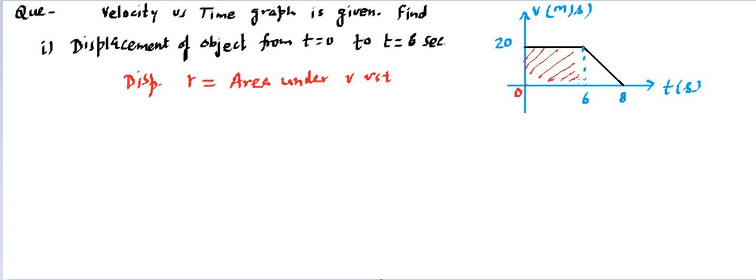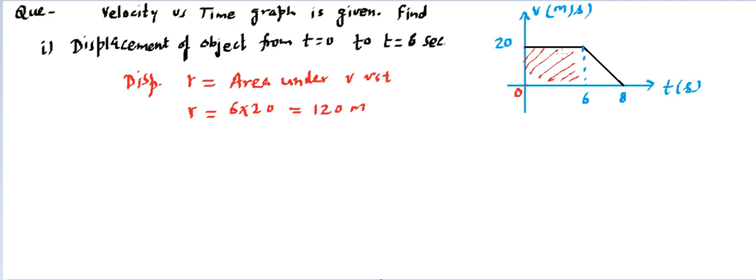Now you see this area is a nice rectangular geometry, which we can easily calculate. The area of this rectangle is going to be base, which is 6, times height, which is 20. So it's 6 into 20, that's done. It becomes 120 meter. So the object will cover 120 meter as displacement between 0 to 6 seconds if its motion is given like this.